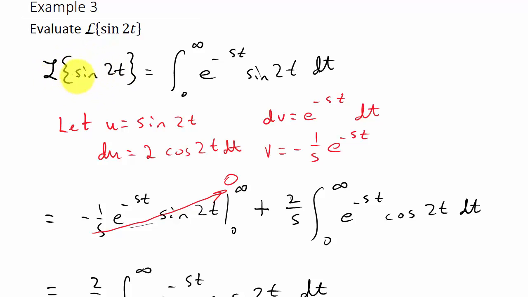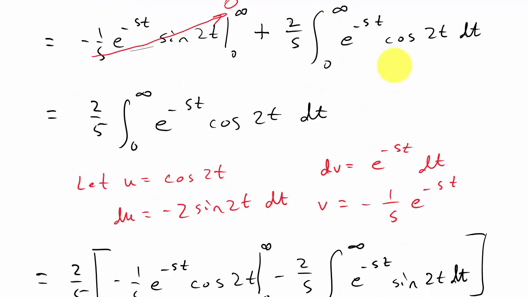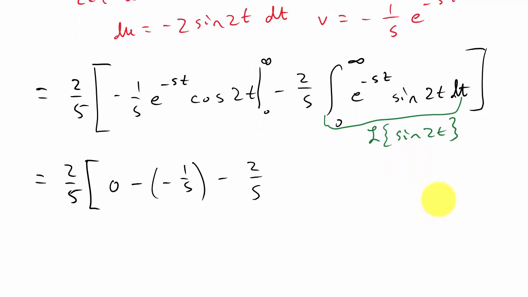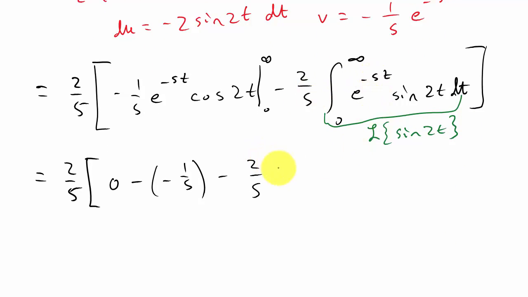That's the Laplace transform of sine 2t. So I can take this part right here, and I can replace it with the Laplace transform of sine 2t. Okay, so that's going to be 2/5 times the Laplace transform of sine 2t.